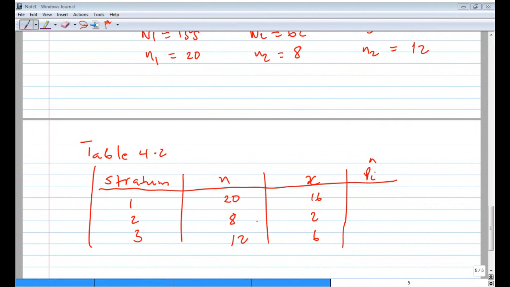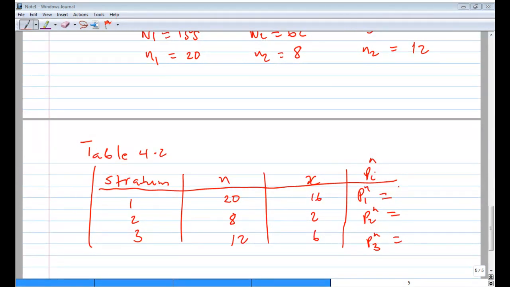Okay. So now we just want to find the estimated population proportions for each stratum. So in other words, you have to find P1 estimate, P2 estimate, and P3 estimate. You can tell me, what is the P1 estimate? The estimated population proportion for stratum number 1 is what?